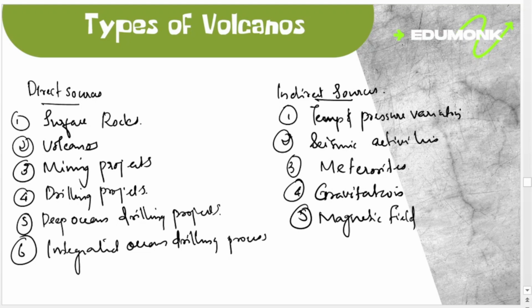These are the direct and indirect sources for our Earth study. We can directly drill only a small part of the 6,370 kilometers inside our Earth, so we are using different sources to understand what is inside our Earth.